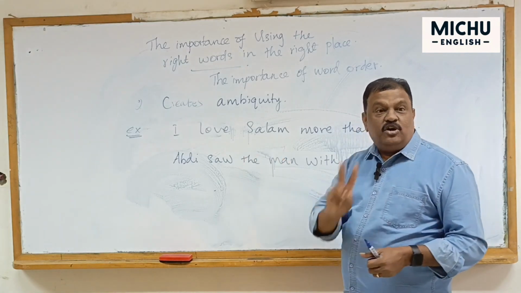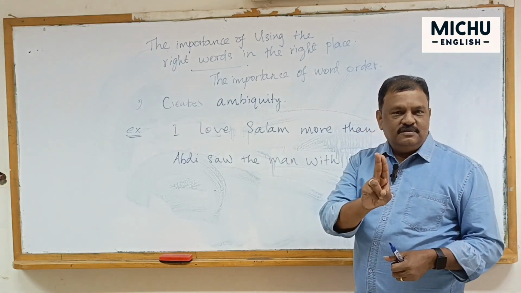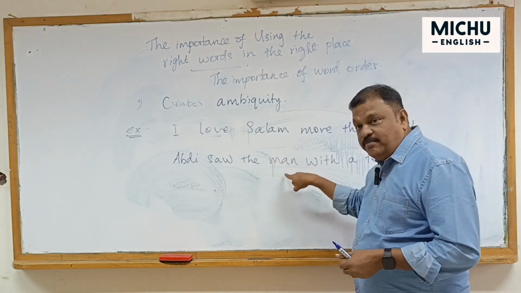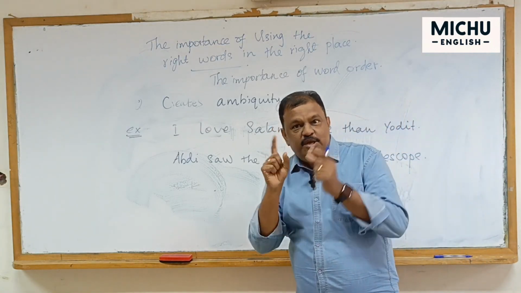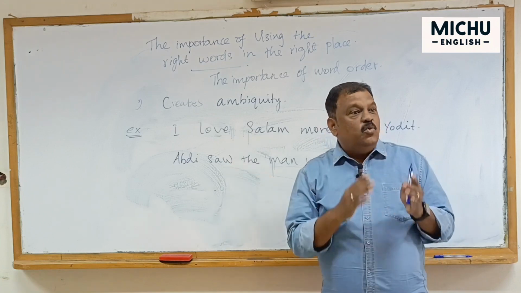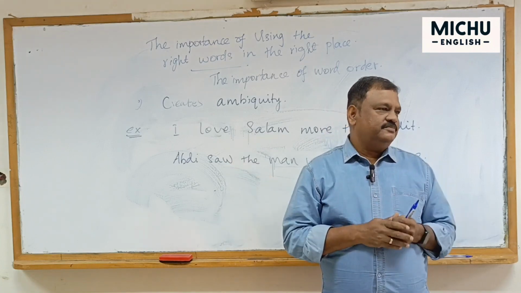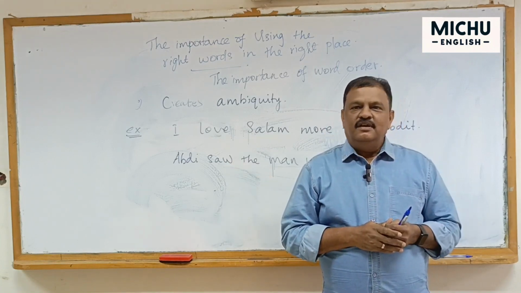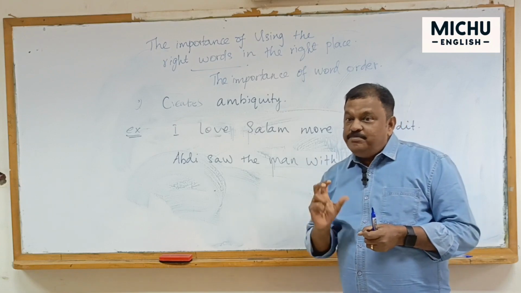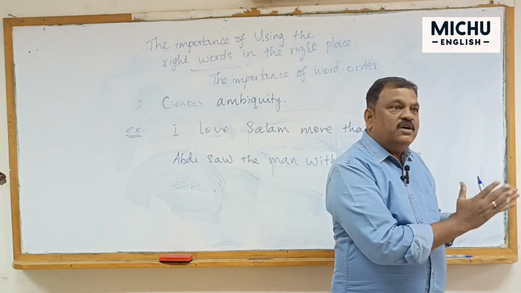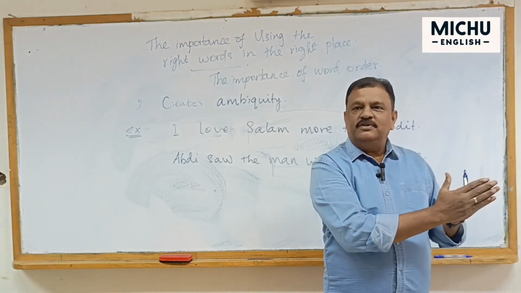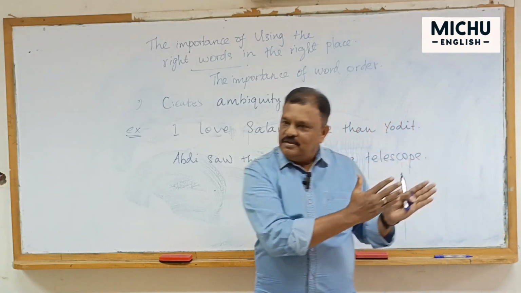In this sentence, we have got 2 meanings. One, Abdi saw the man using a telescope. It was Abdi who had the telescope with him. The other meaning is Abdi saw the man who was standing with the telescope with him.